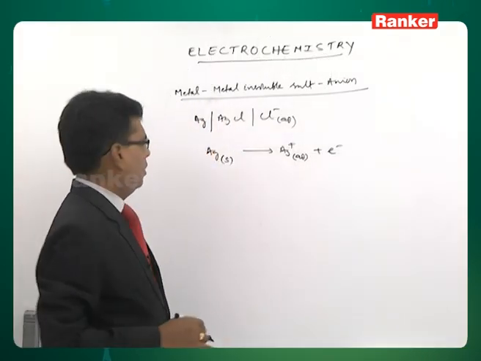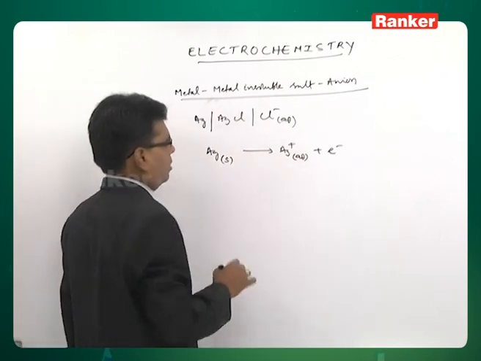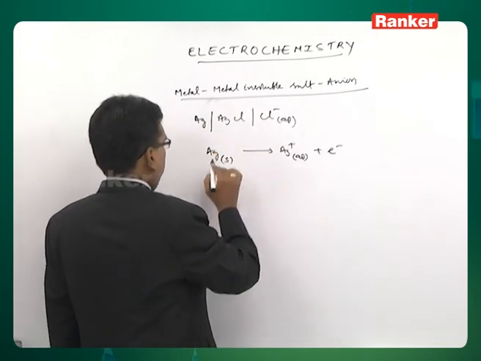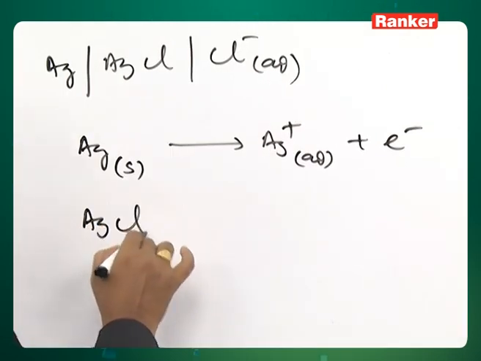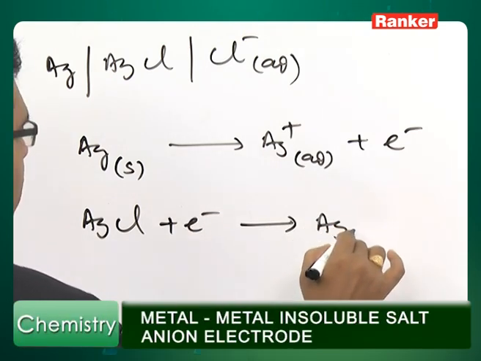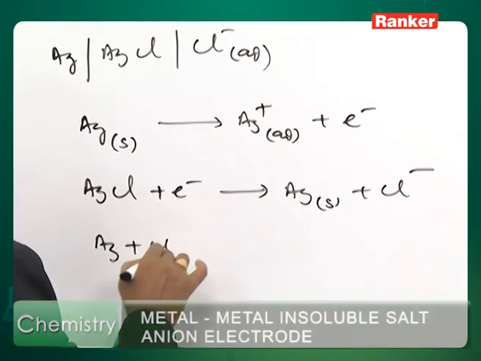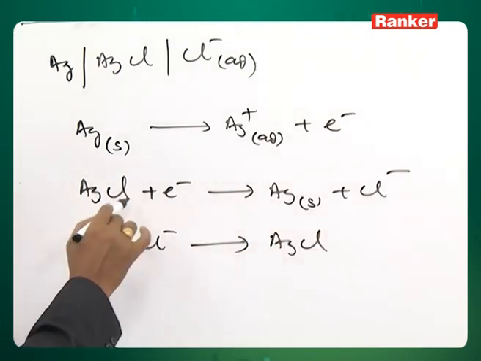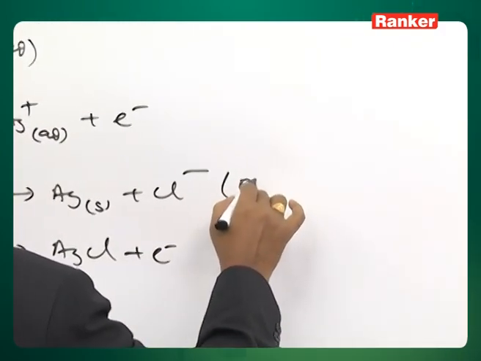So here the Ag gets oxidized to Ag plus, this is an oxidation, and then this can be written as AgCl reduction to Ag plus Cl minus, or Ag plus Cl minus to AgCl. This is AgCl plus electron. This is the reduction half cell.